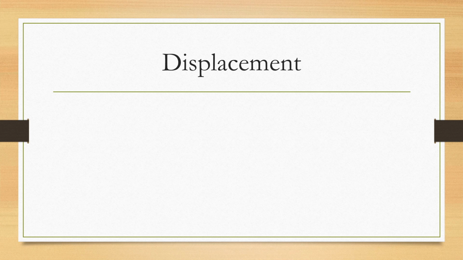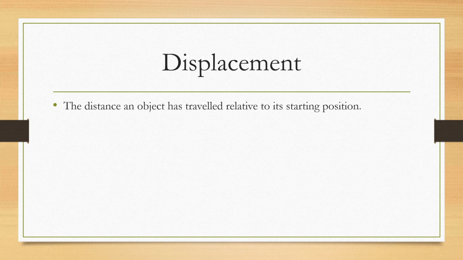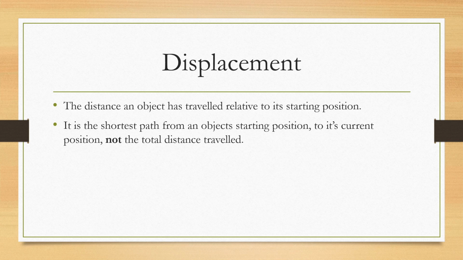Before we get into velocity, however, I'm going to take a quick moment and talk about displacement. So displacement is the distance that an object has traveled relative to its starting position. So what does that mean? Well, it's the shortest path from where an object started to where it is now. It has nothing to do with the total distance traveled, it just deals with where the object started and where it is now. So the direction of displacement is also important.